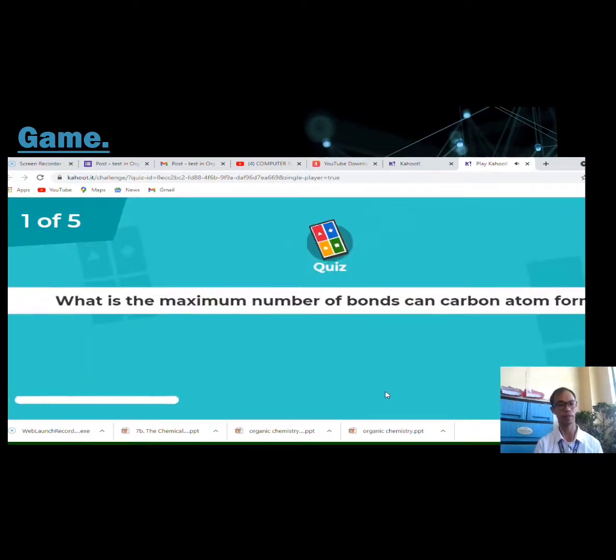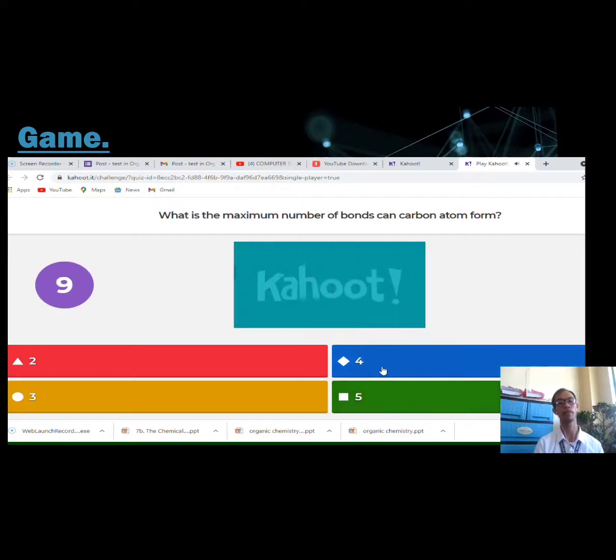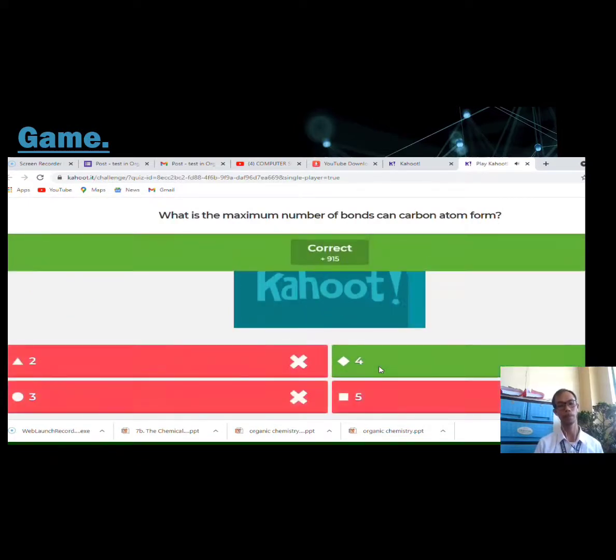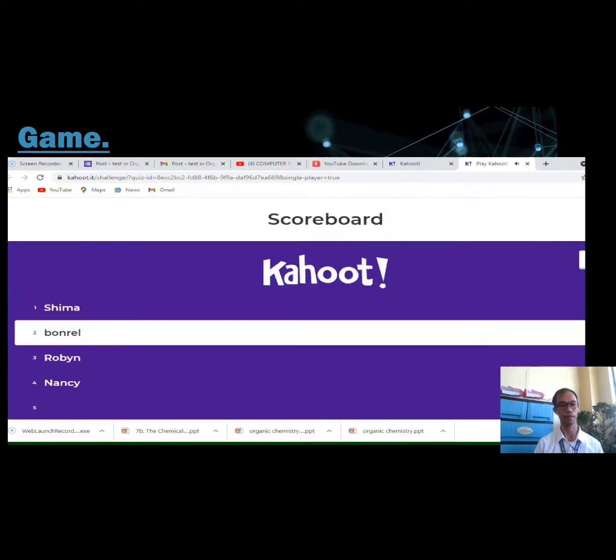Question 1. What is the maximum number of bonds in carbon atom? 4. 4 is correct.